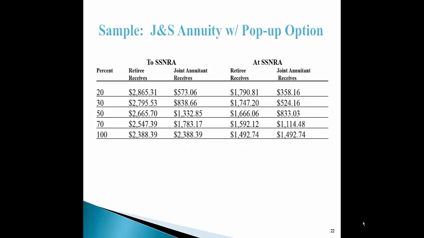Sample J&S annuity with pop-up option. The sample shows the monthly benefit the retiree would receive based on the percentage elected at the time of retirement. It also shows the amount the joint annuitant would receive should the retiree die.